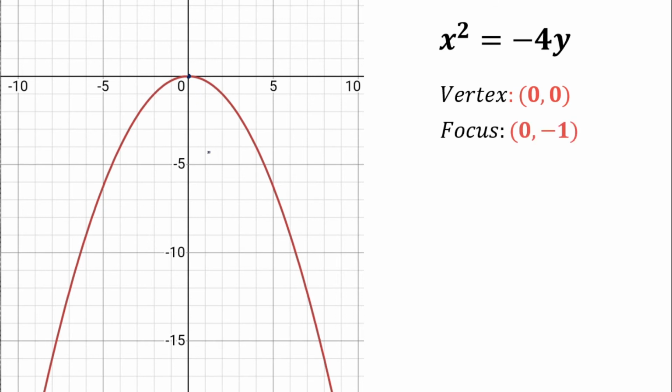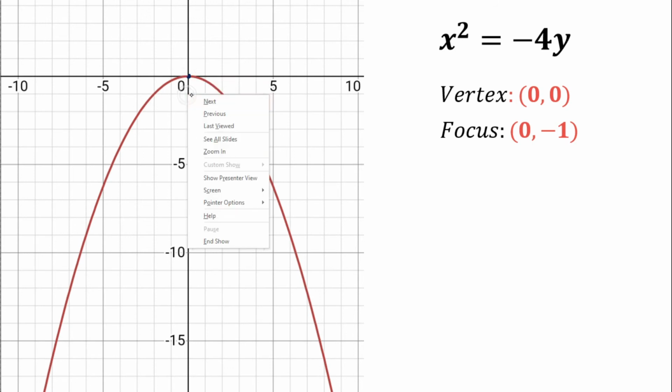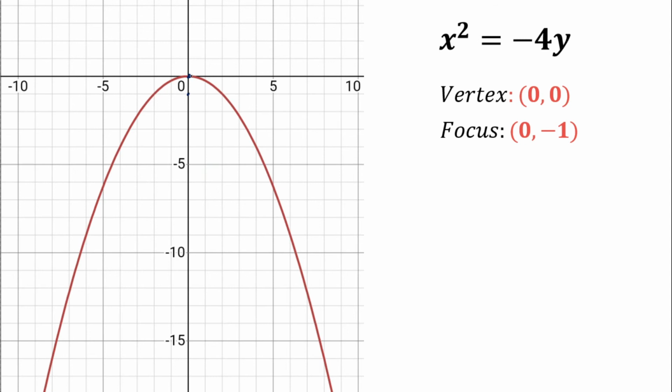Tapos, yung focus naman is at 0, negative 1. So, yung nasolve natin kanina, 1 unit lang from the vertex. So, opens downward naman. So, galing dito sa vertex, 1 unit here. So, meaning to say, yung focus natin is nandito. Okay? Ito. So, this focus natin is at 0, negative 1.